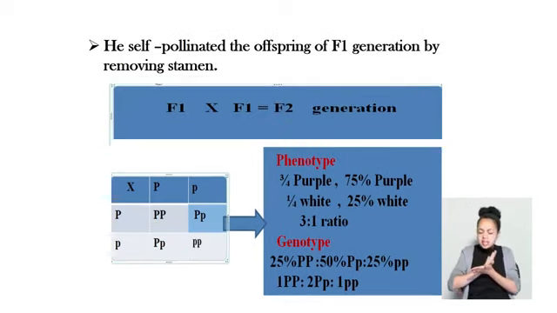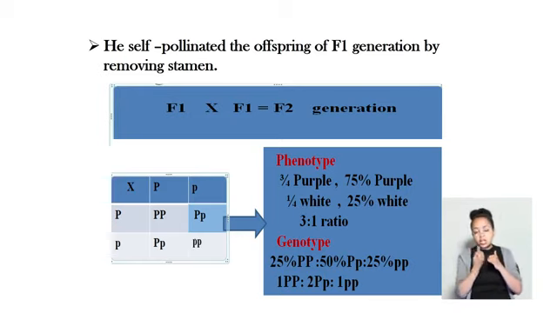The pure character is obtained in the F2 generation by 25%. And the heterozygous, or F1 filial progeny, is obtained by 2 out of 4, or 50%.